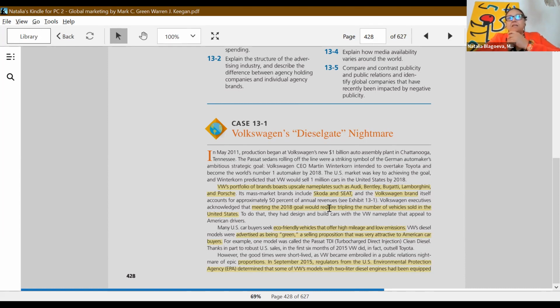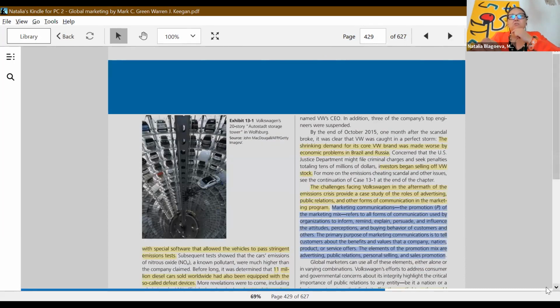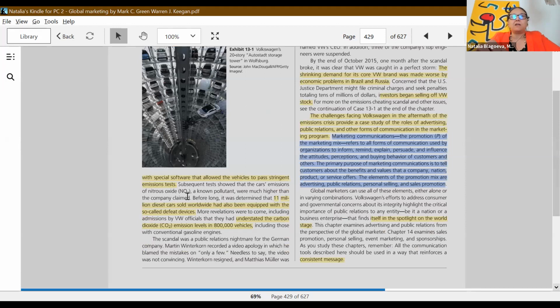And the scandal which happened, and was really of epic proportions, is that Volkswagen was caught putting special software in the diesel engines. Basically, they were cheating. The cars were showing, when they're being tested, lower levels of emissions than the actual ones when the car is performing under normal conditions.